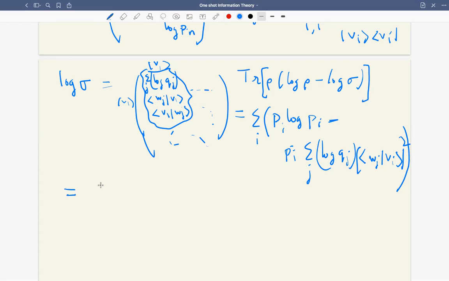Okay. Now, so D. My D is this quantity. Let us prove that this is always non-negative.